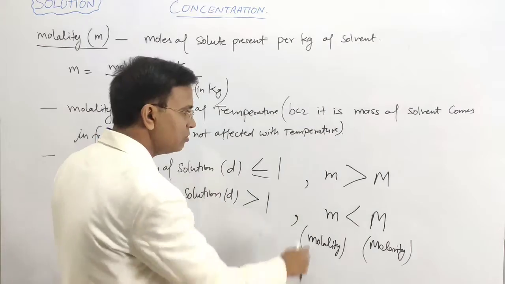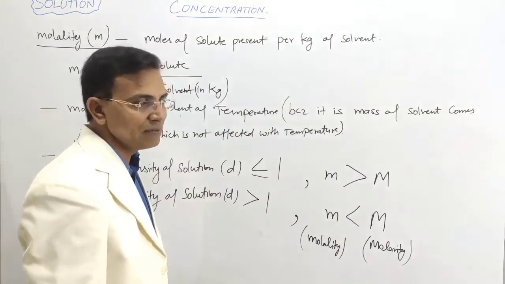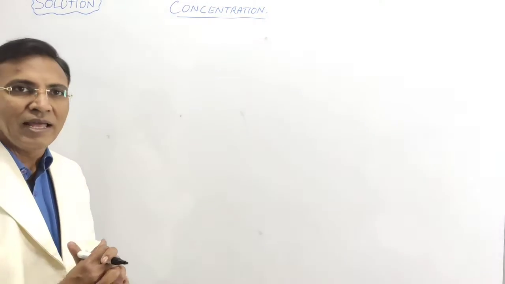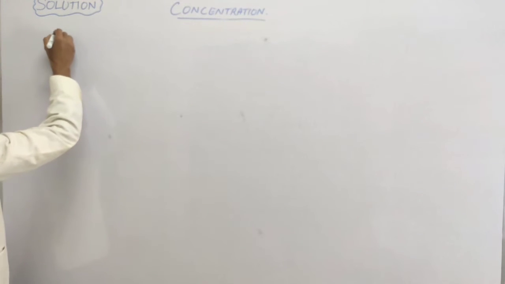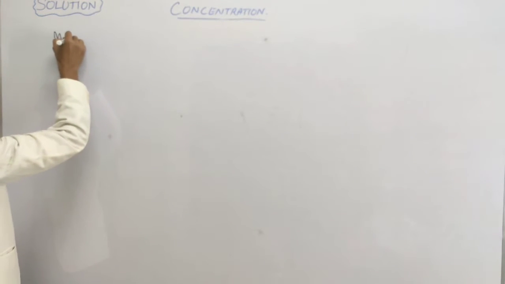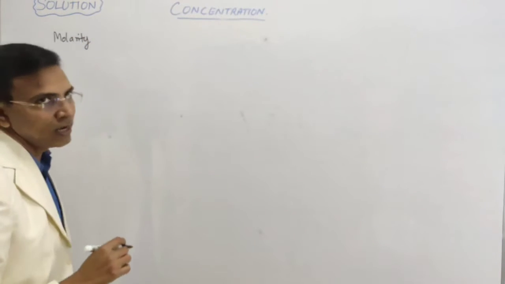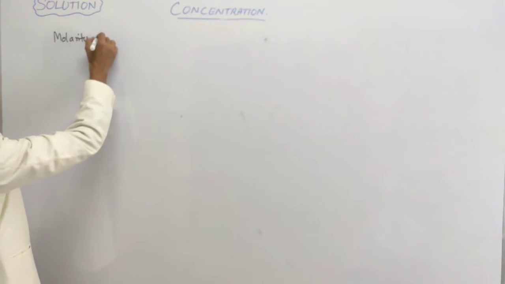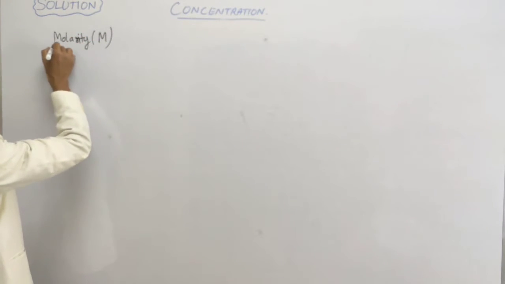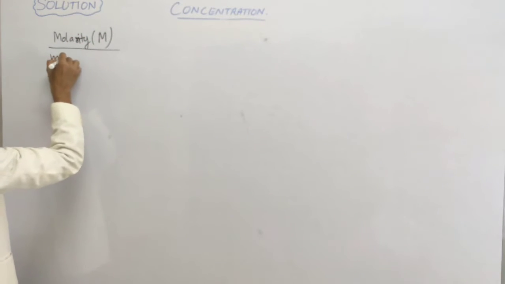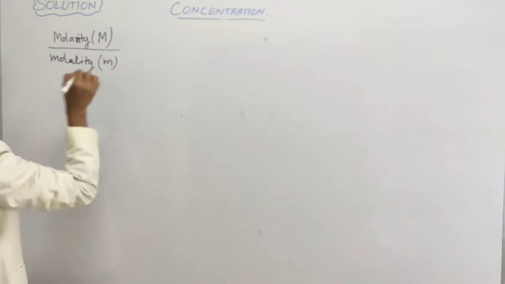Now next, how does this molarity and molality relation come out? Let us see the molarity and molality relation. Let us divide the molarity by the molality, right? So it is M upon molality, small m.